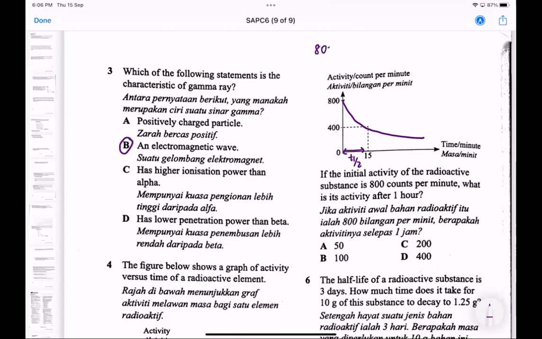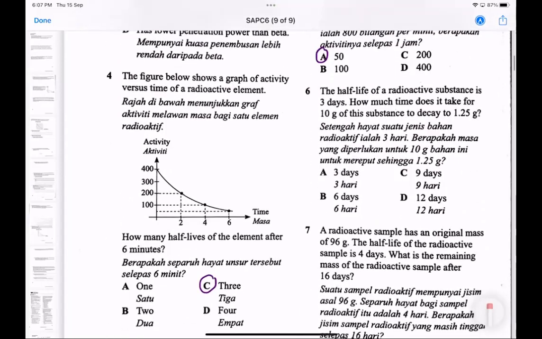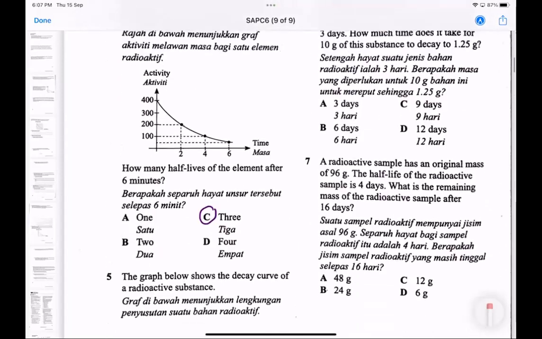So 800, 400, 200, 100, and 50. So the answer is A. Okay or not, honey? The graph is missing the curve. Okay. I missed that one this time. Okay. So 6 and 7 after this.